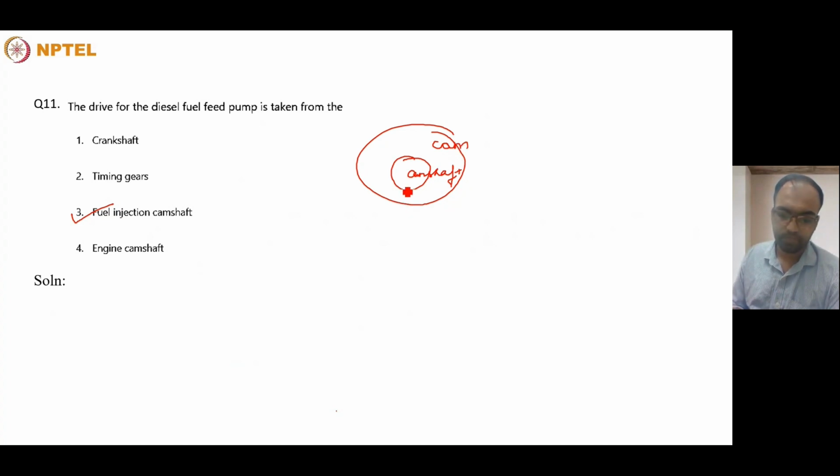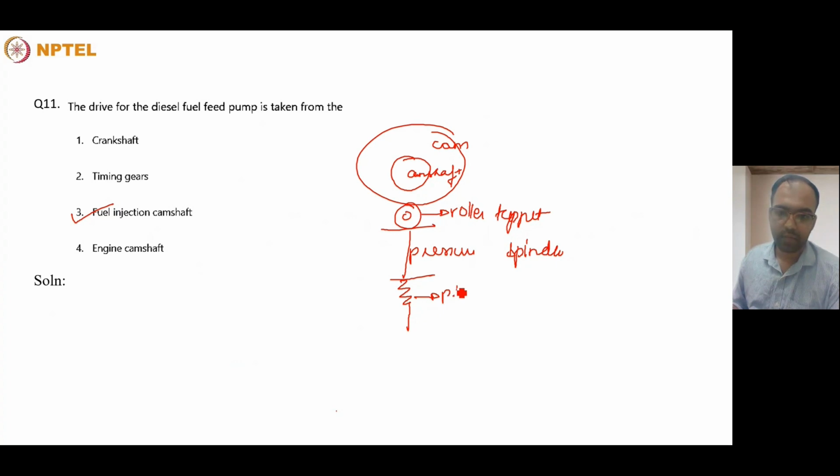It is connected through a roller tappet that is connected to a pressure spindle, which is connected to a spring system, the plunger spring. And there will be a pressure valve.